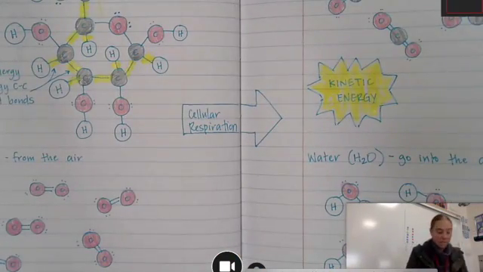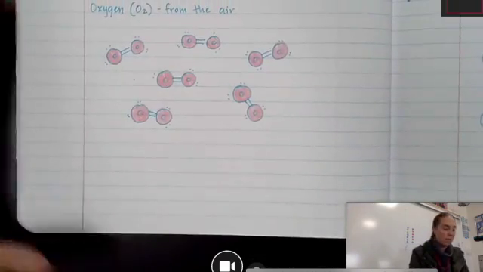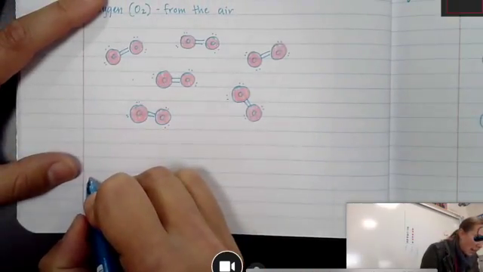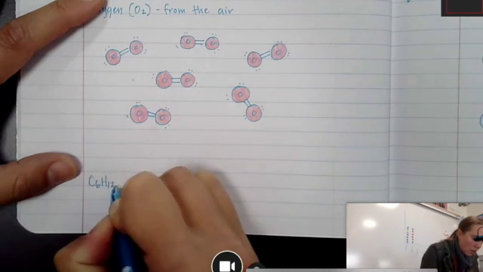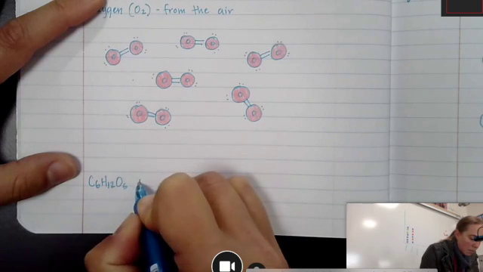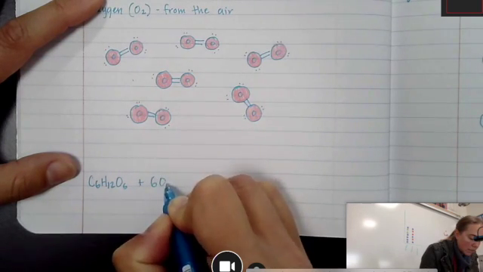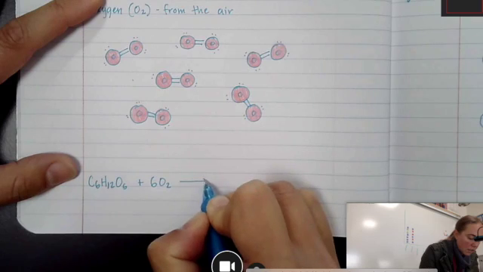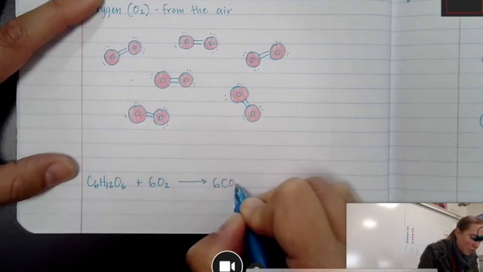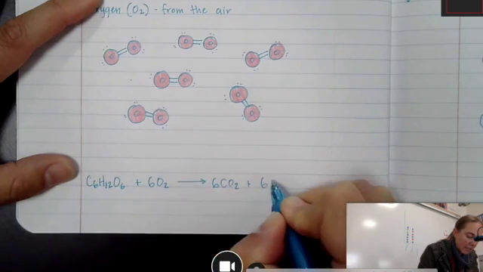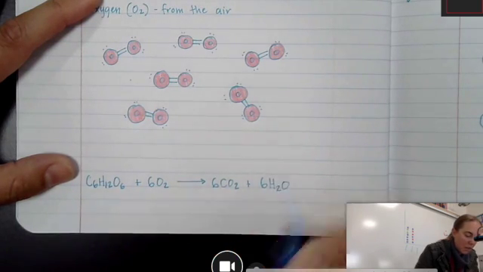Another way that we could write this in just sort of an easy balanced form is we can have glucose, which is C6H12O6, plus our 6O2 turns into 6CO2 plus 6H2O.